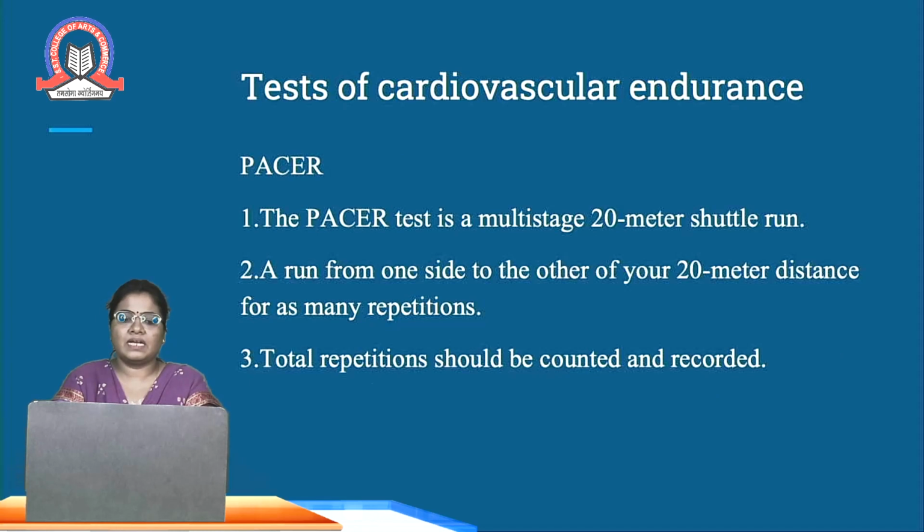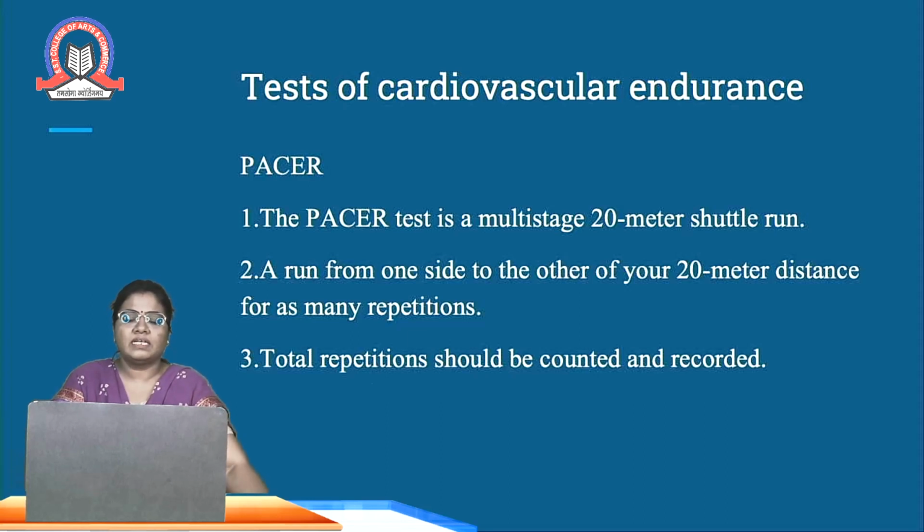The Pacer is the other test. The Pacer test is a multi-stage 20-meter shuttle run. You run from one side to the other of your 20-meter distance for as many repetitions as possible. Total repetitions should be counted and recorded. For a given time, how many 20-meter laps we cover, ups and downs, we can count it.